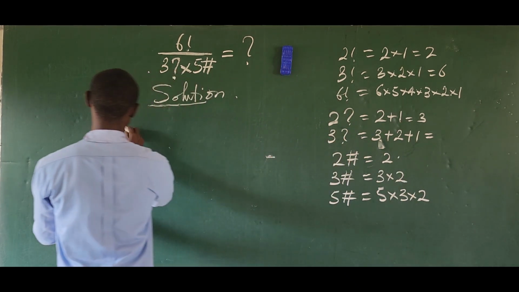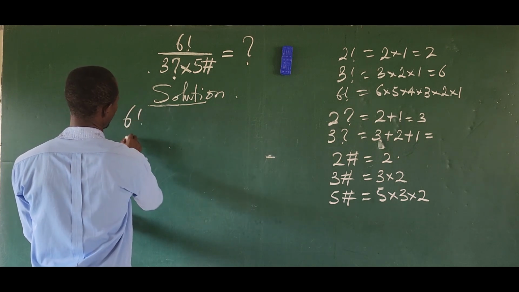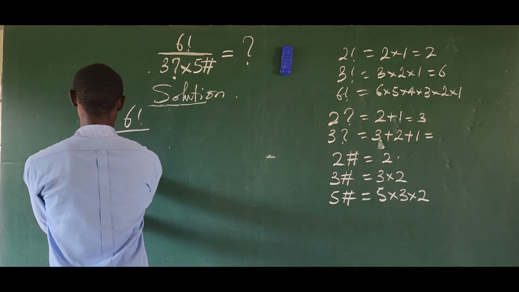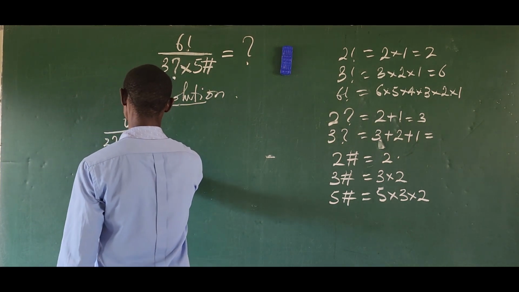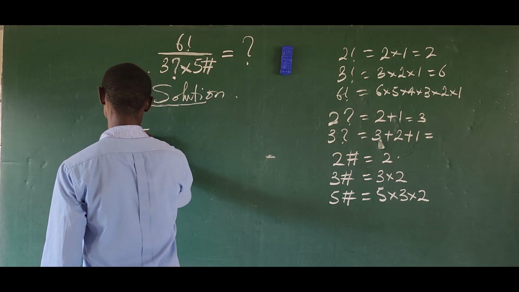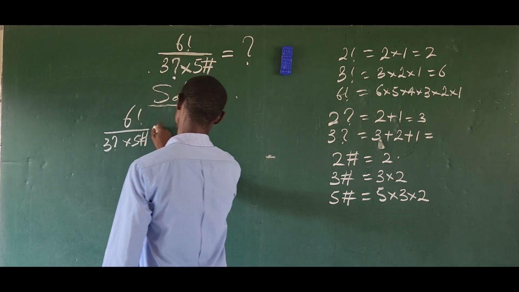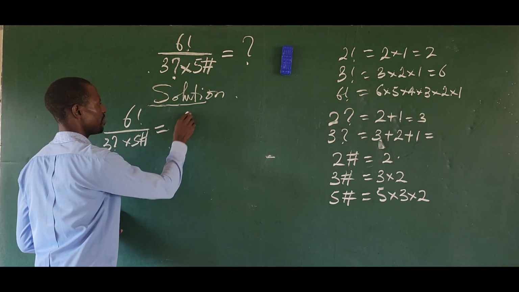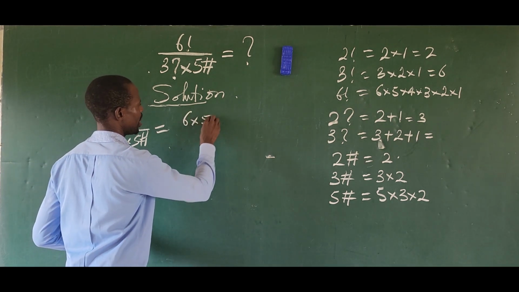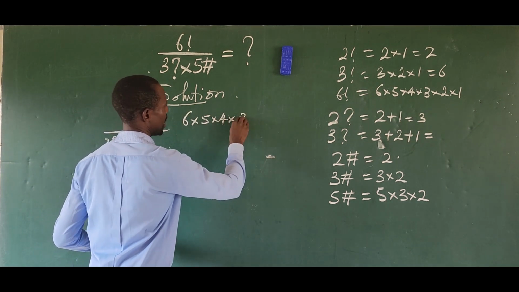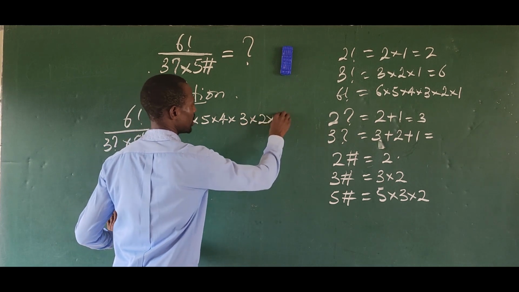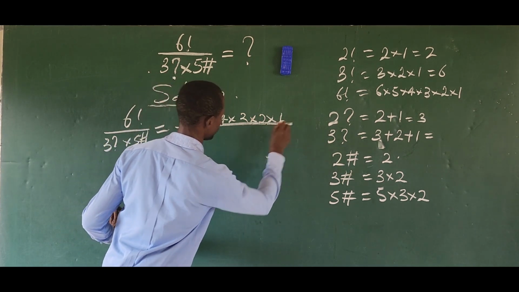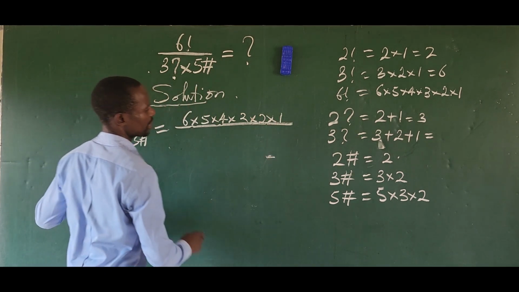So our 6 factorial all over our 3 terminal, then times our 5 primorial, will now be equal to: we're going to have 6 times 5 times 4 times 3 times 2 times 1, everything all over 3 terminal.